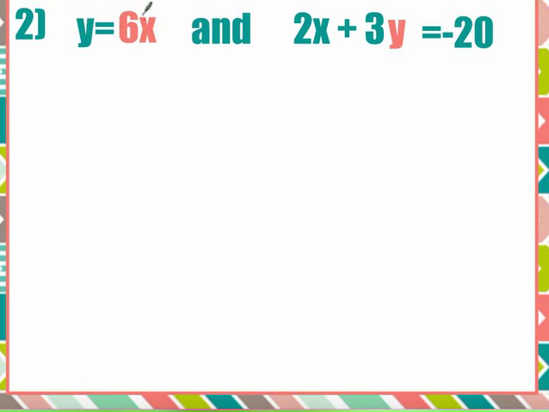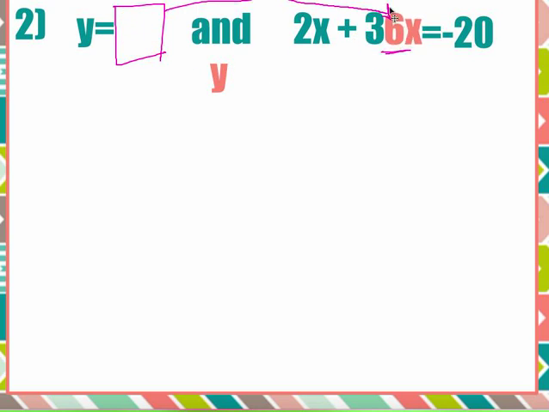So y equals 6x, if that's truly what y is equal to, I'm supposed to be able to take that expression, put it in the opposite equation where that variable is. So we're going to find out by replacing the y. Well, when I do that, 3 was originally being multiplied by y.